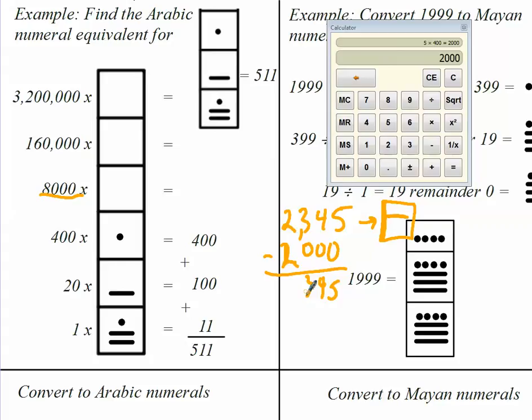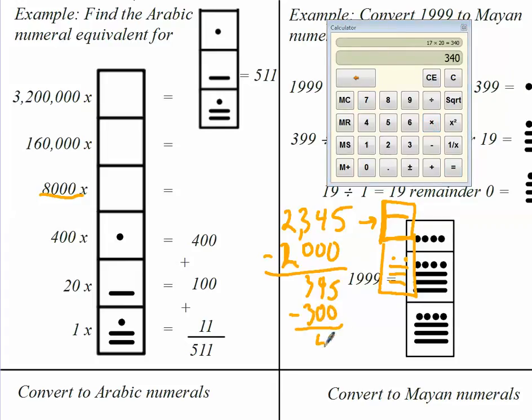So how many times does 20 go into 345? So I'm going to divide this by 20. I get 17. So 17 is going to be 3 bars with 2 dots. So 17 times 20 is 340.